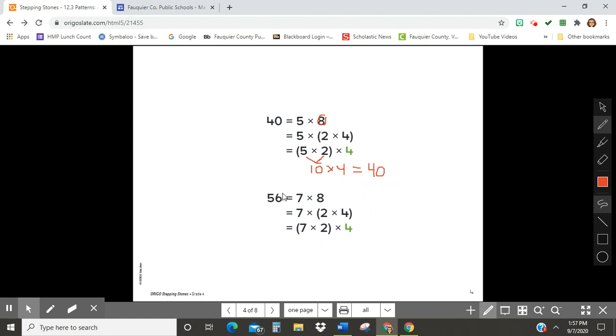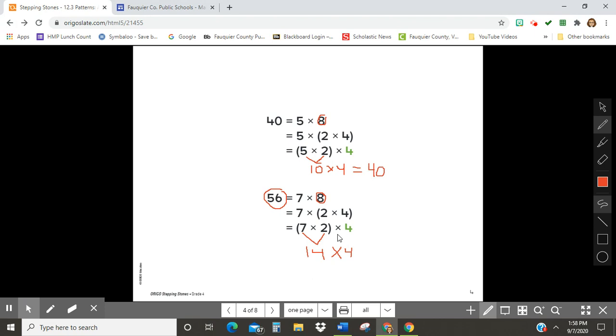And the same thing, they have 56 can be broken into 7 times 8. And then the 8 can be broken down into 2 times 4. So 7 times 8 is broken down into 2 times 4. Or you can break it down, they're putting the 7 times 2 is 14, times 4.